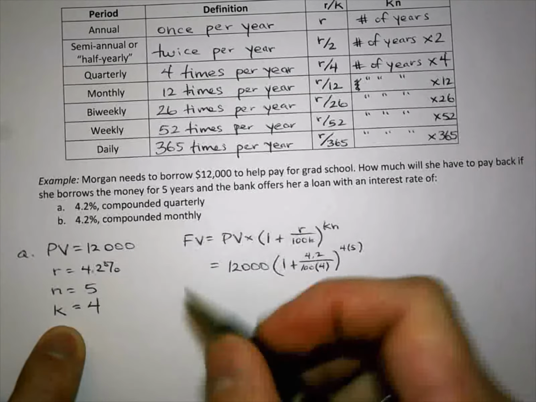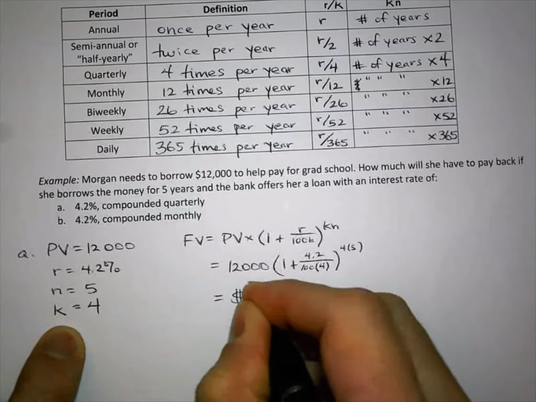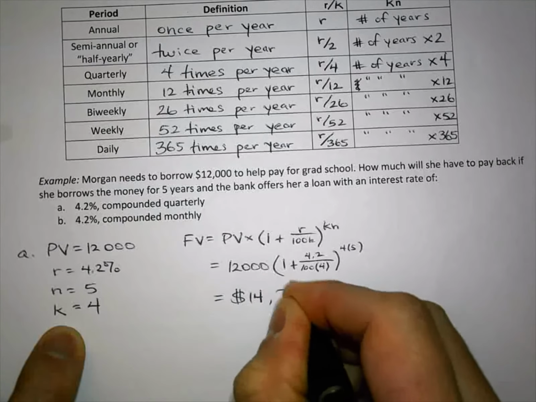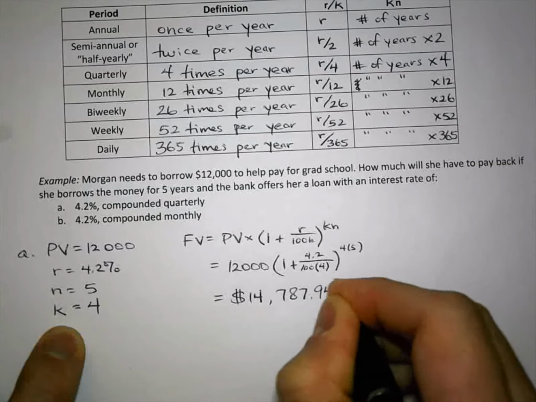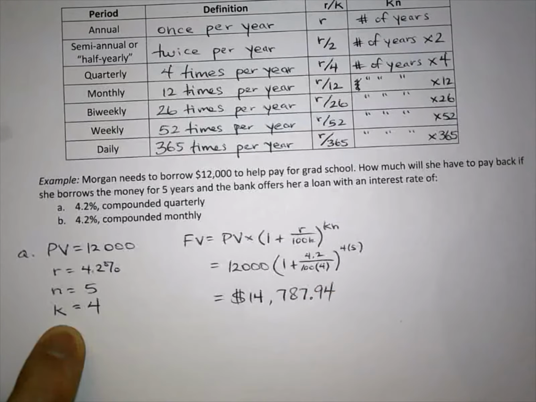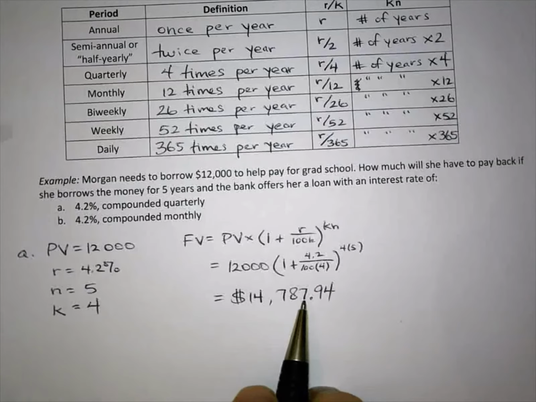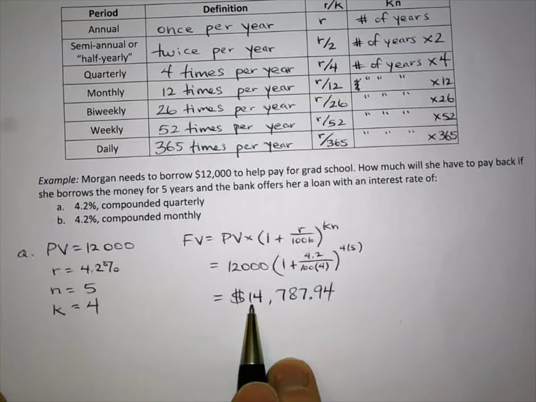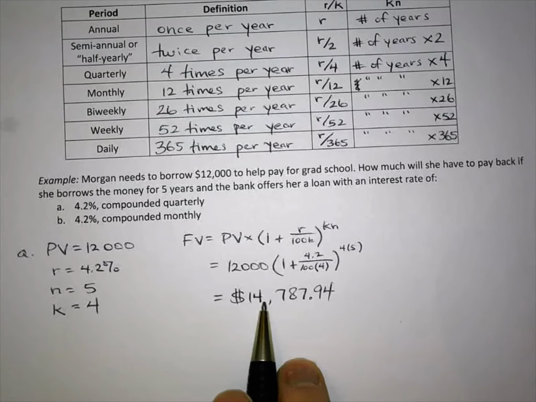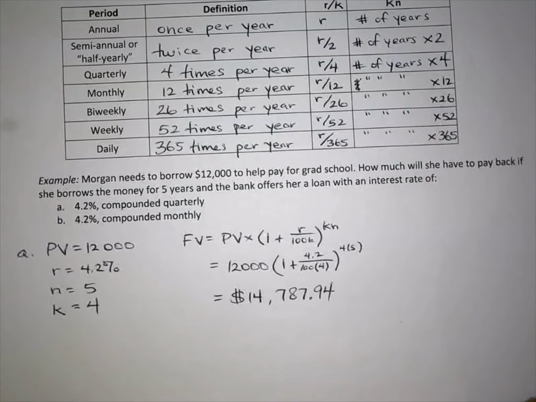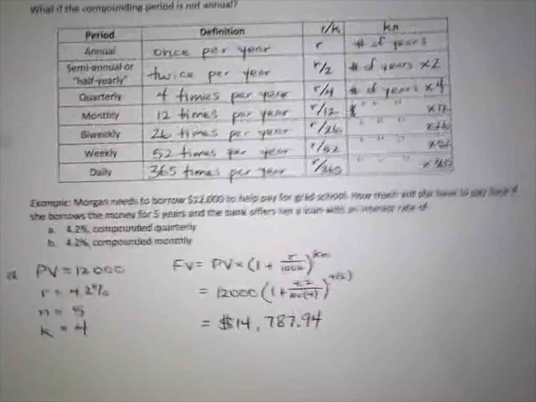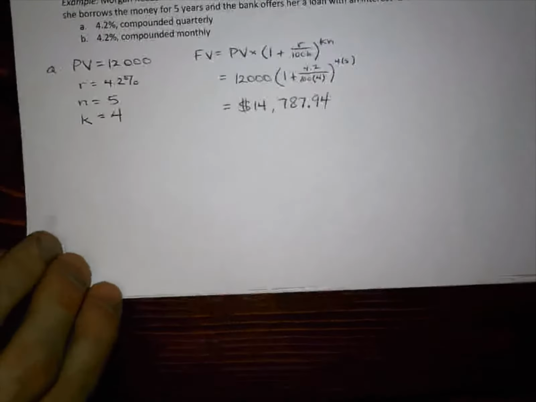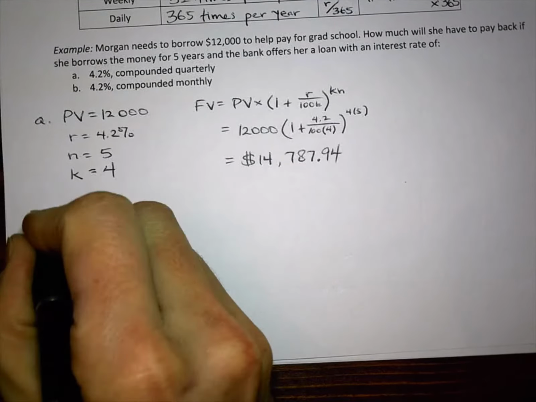My final answer is $14,787.94. So that sucks for Morgan. She has to pay back all of her money with about $2,700 worth of interest. But on the other hand, Morgan is benefiting a lot from going to grad school, and sometimes you've got to take advantage of that opportunity.